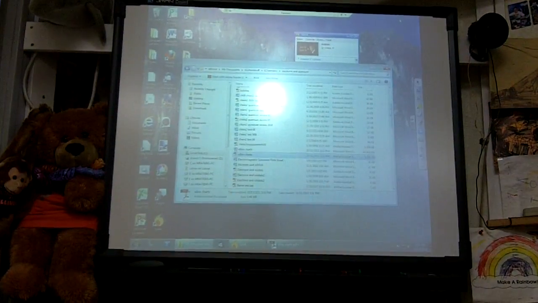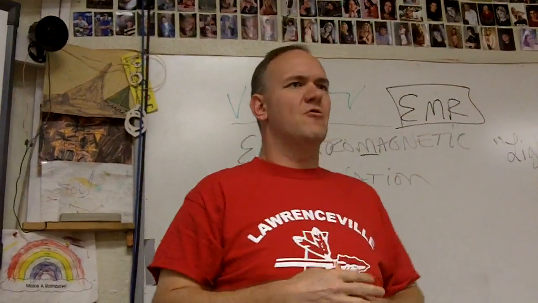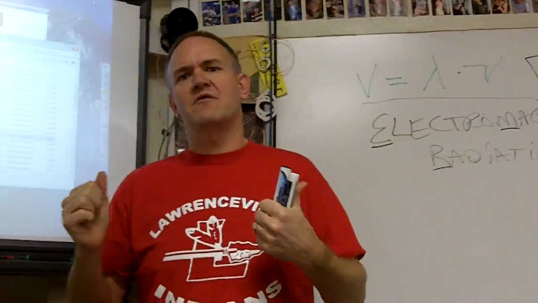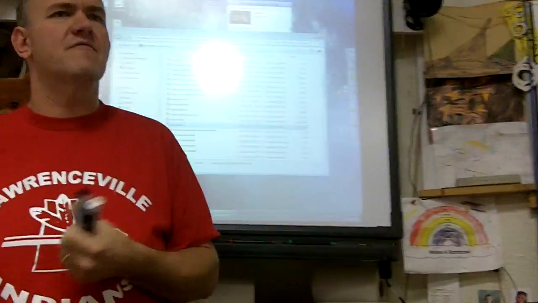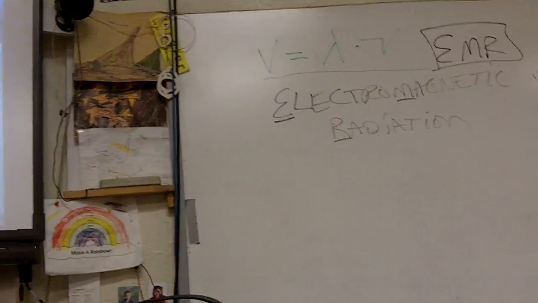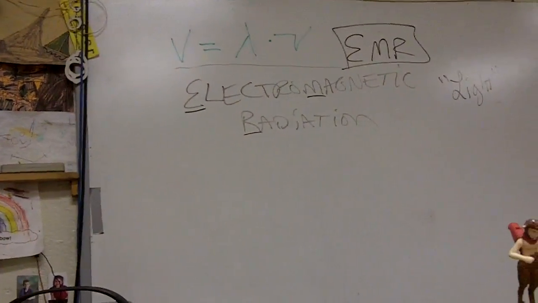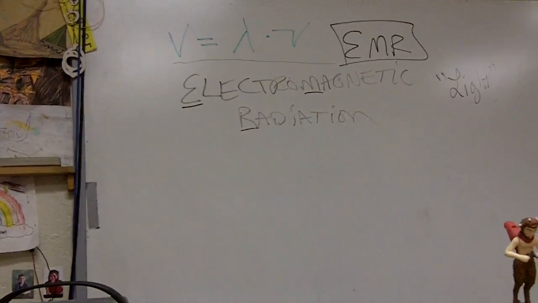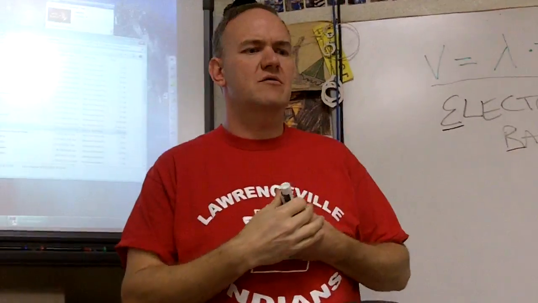We've all heard of some kinds of light. Without looking, what are some kinds of light we've heard of? Ultraviolet is a kind of light, definitely. What else? Anyone else know another kind of light? X-rays. That's light. You didn't know that was light, did you? Gamma. Good.